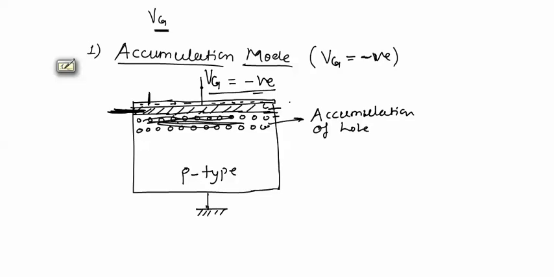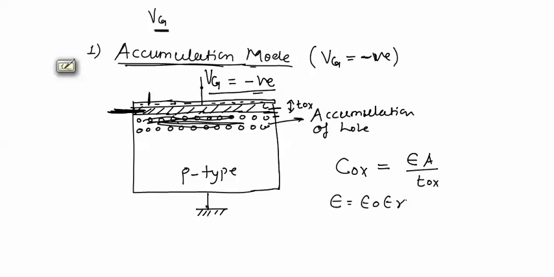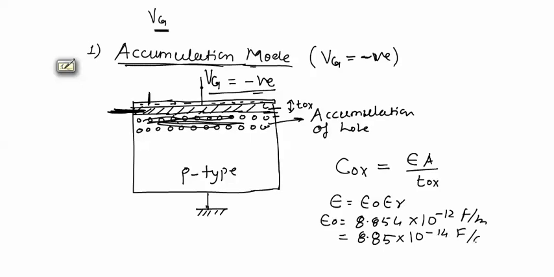If this is the thickness of oxide layer, then in accumulation mode the capacitance of this MOS capacitor will be oxide capacitance, and it will be written as epsilon A by t oxide, where epsilon is equal to epsilon naught into epsilon r, epsilon naught equal to 8.854 into 10 raised to power minus 12 farad per meter, or it will be equal to 8.85 into 10 raised to power minus 14 farad per centimeter.